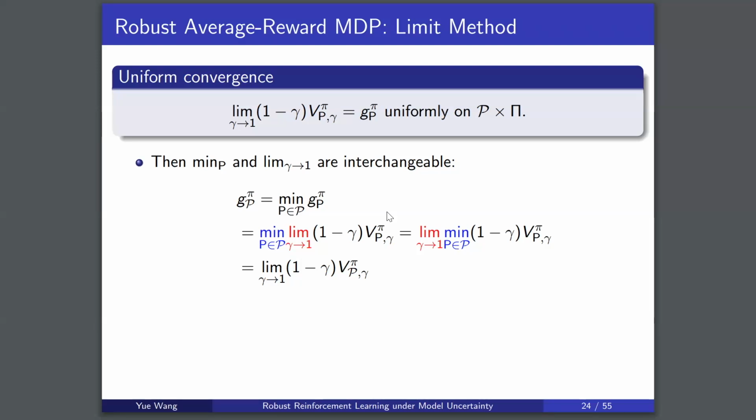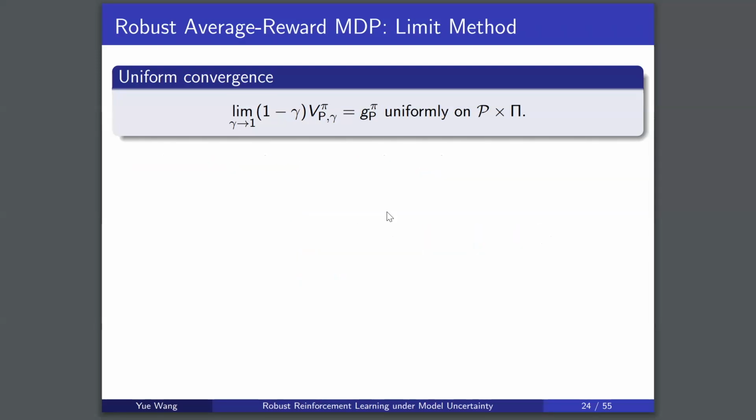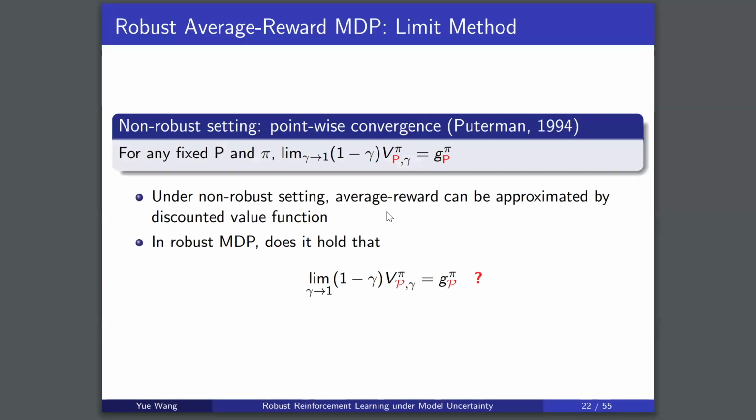Uniform convergence means? Yes. So let's go back. This result is called the pointwise convergence. It means that for any fixed p and pi, this one will converge to a function. But now the uniform convergence considers the convergence over a set of p and pi. It basically means that the convergence rate over this uncertainty set should be uniform.